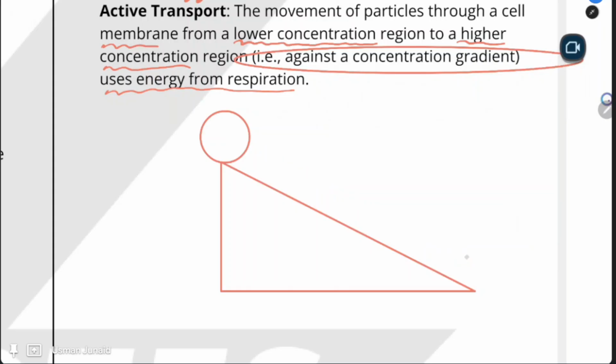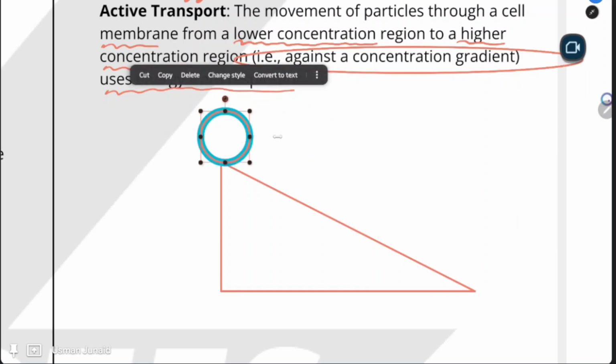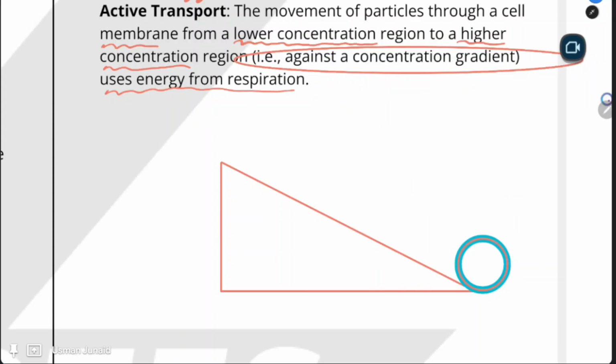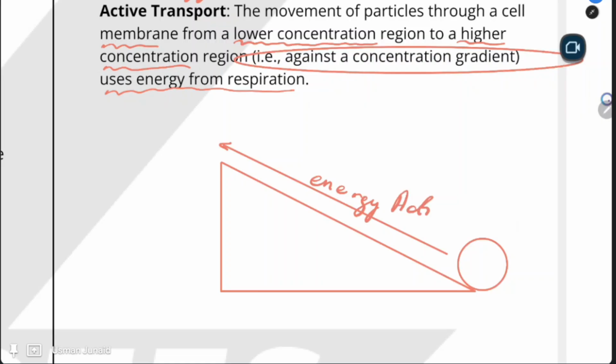But if it is placed all the way down here and I want to bring it up here, I would require some energy because it won't go up there on its own, would it? No. So this is active transport. I am giving it energy and bringing it all the way up here. This is active transport.